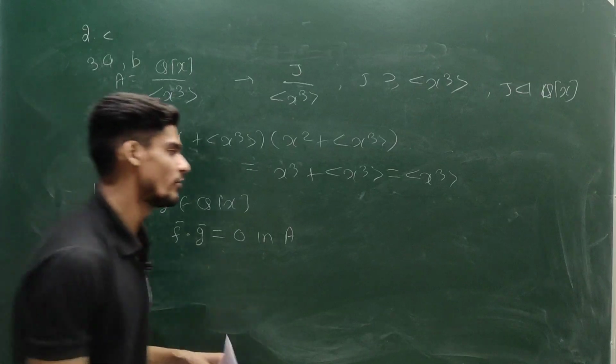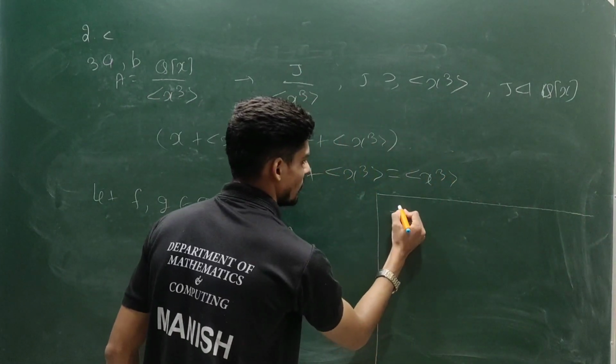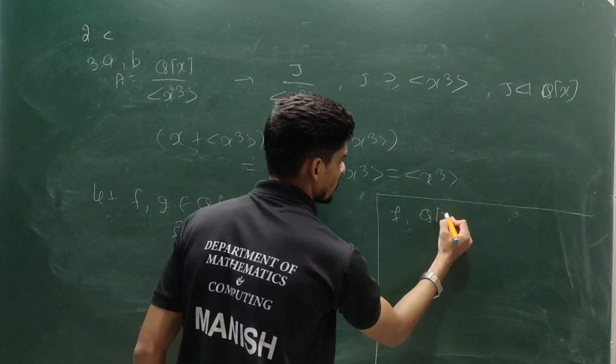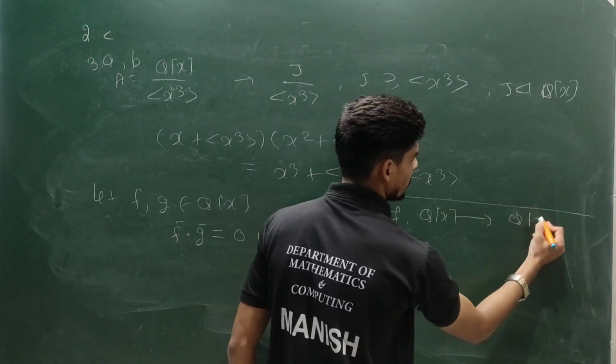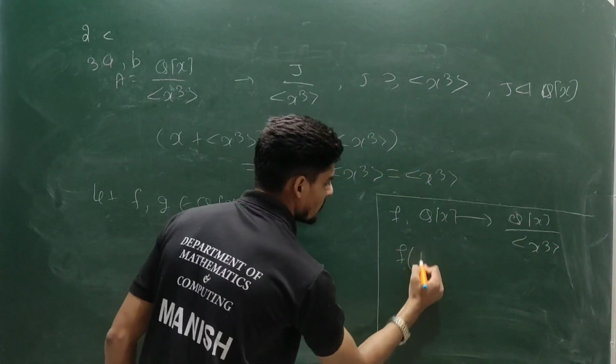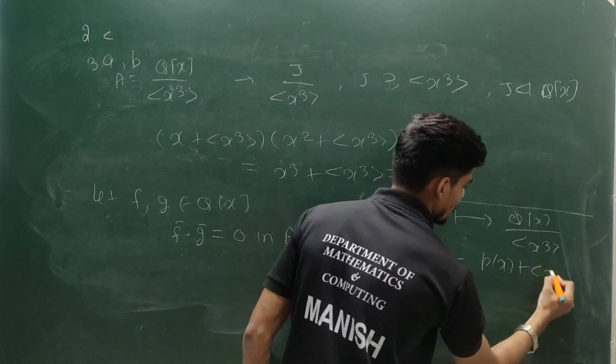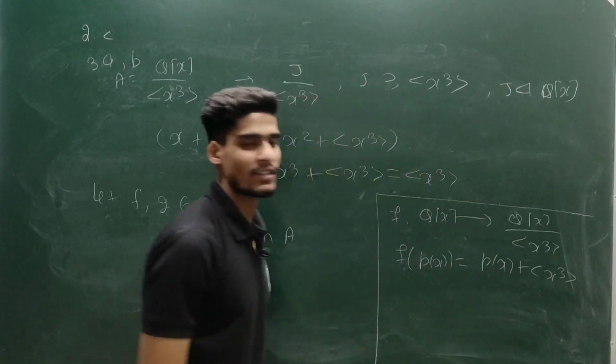The meaning of image is nothing but, you can observe in this way. Let me now define a function from Q[x] to Q[x] modulo the ideal generated by x cube. You are sending this p(x) to p(x) plus ideal generated by x cube.